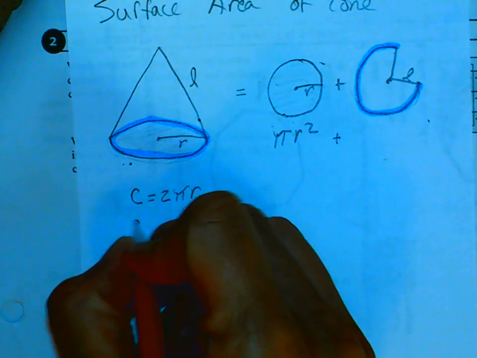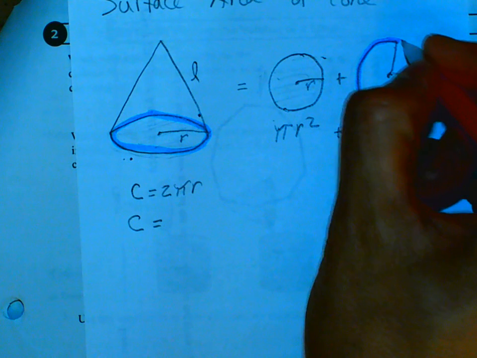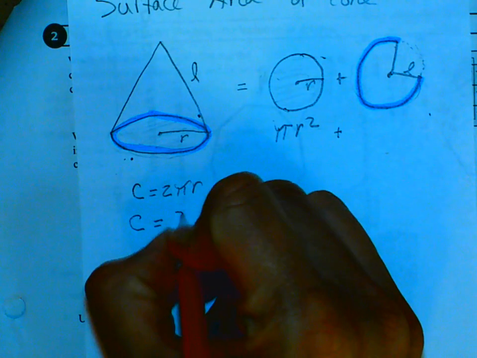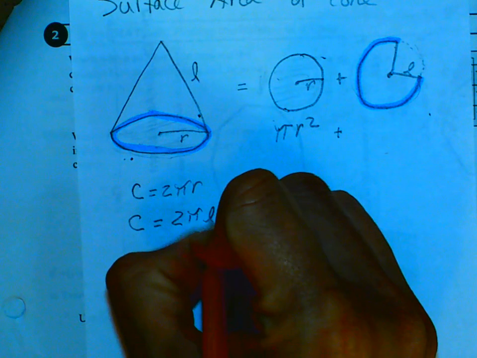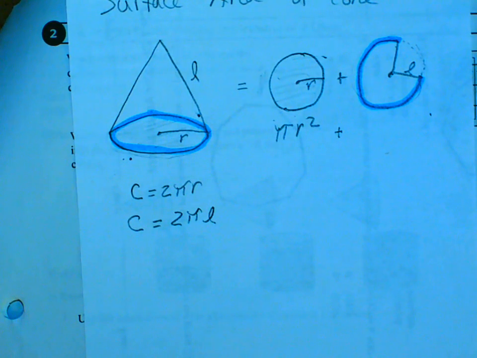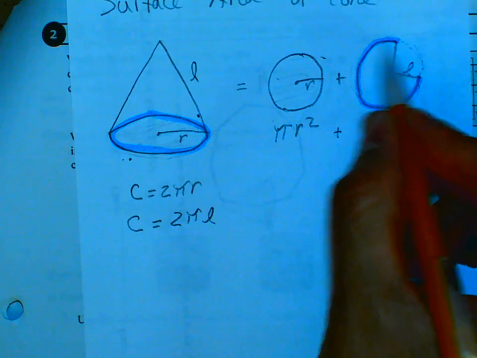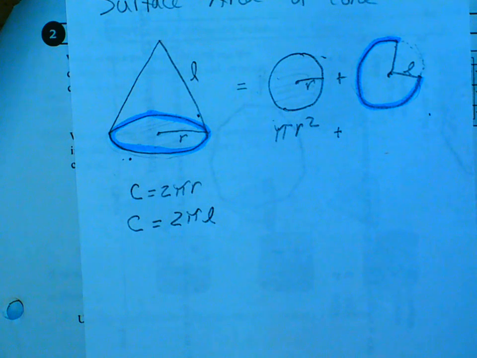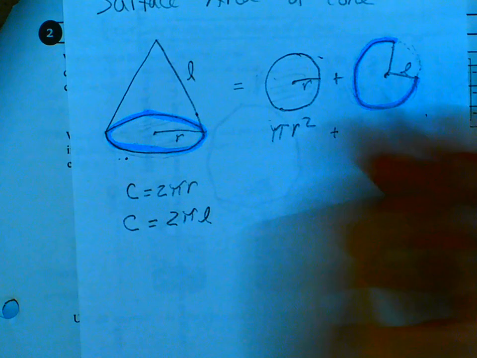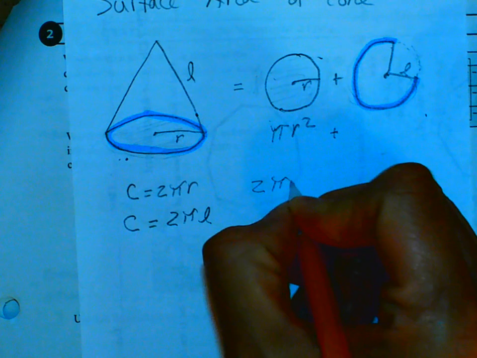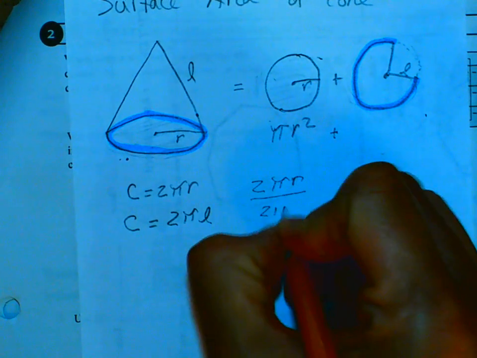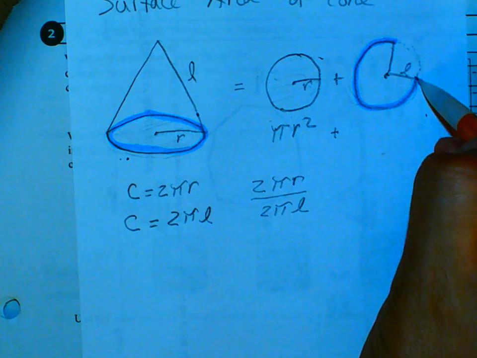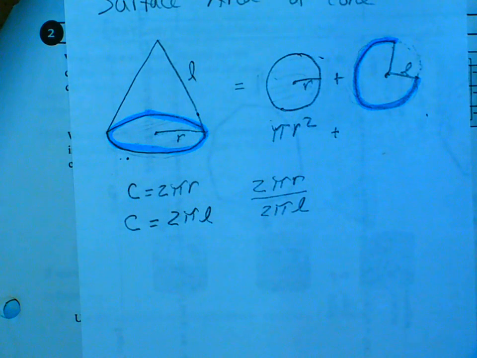The circumference of the entire circle, if I were to enclose the whole circle, would be 2 pi L. So this distance divided by the whole distance would give me the percentage of this piece. So 2 pi r over 2 pi L gives me the piece of the circumference, kind of like the percentage.